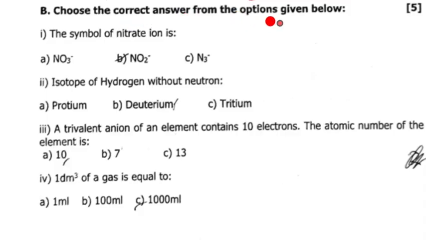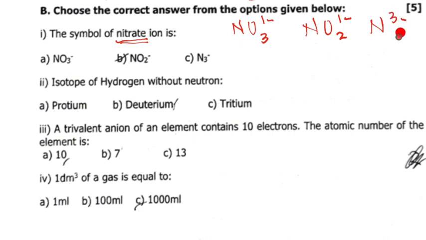Choose the correct answers from the option given below, the symbol of nitrate. Now nitrate is NO3, nitrite is NO2, and nitride is just N. Nitrate is valency 1 minus, nitrite NO2 is valency 1 minus, and nitride is valency 3 minus. Remember, this one with most oxygen ends in ATE, so it will be nitrate.